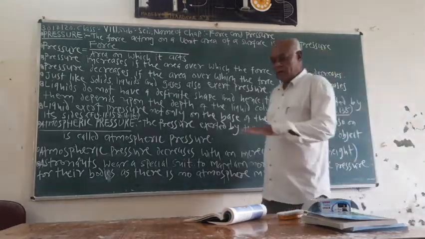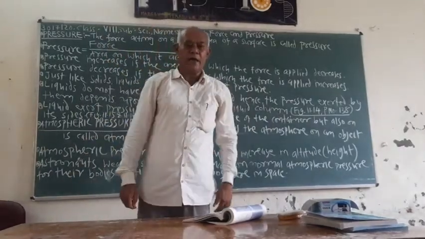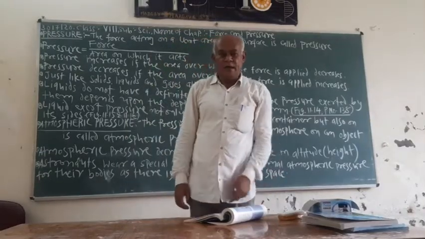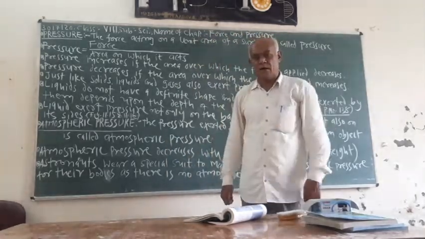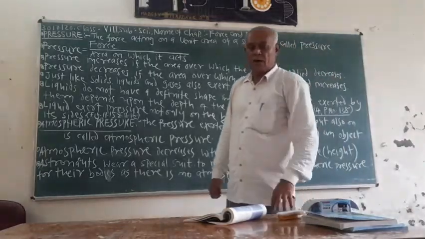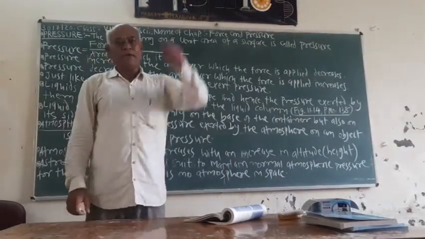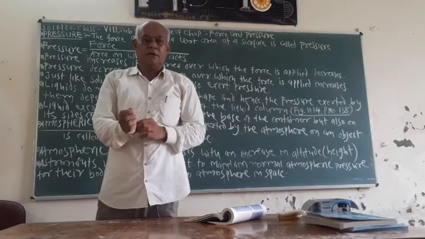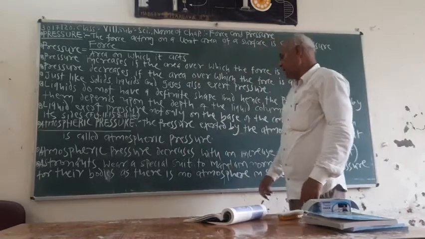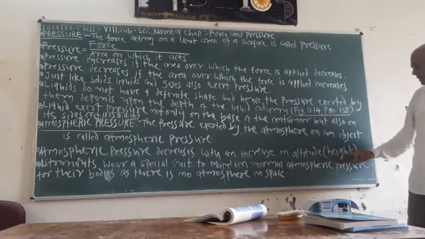If we go from the surface of the Earth to some height, then the atmospheric pressure decreases. At the surface of the Earth, the atmosphere exerts more pressure on an object than if the object is lifted to a height of some kilometers.